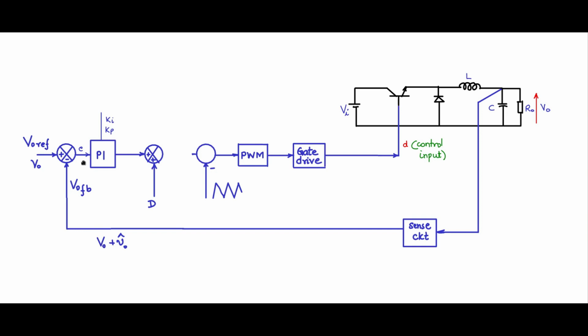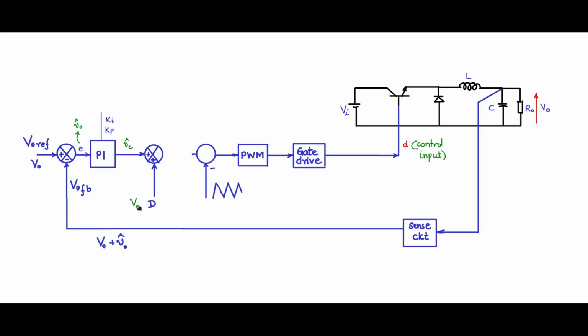So this minus this would give you the error, which is basically the deviations about the nominal steady state operating point. And the controller is supposed to take care of this and make these deviations 0. So you see that PI is now only handling V0 hat, small deviations in the neighborhood of the operating point. And what is the output of the PI controller? The output of the PI controller is VC hat.